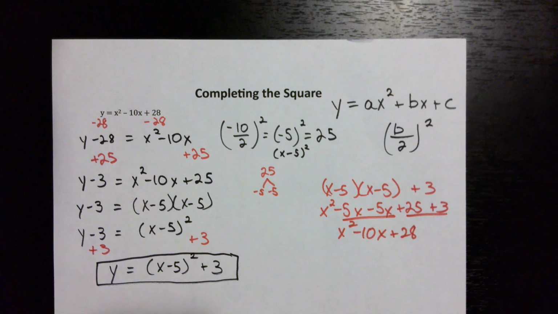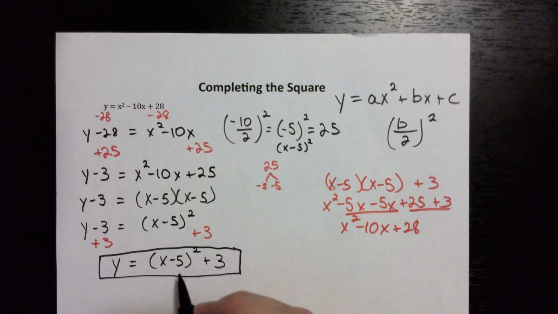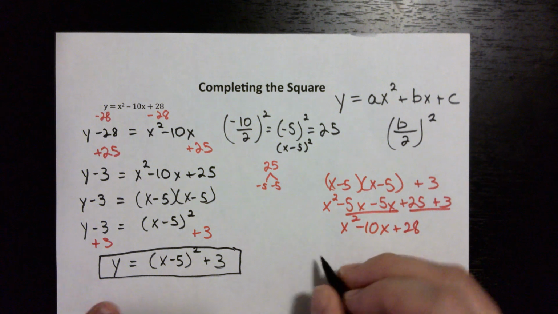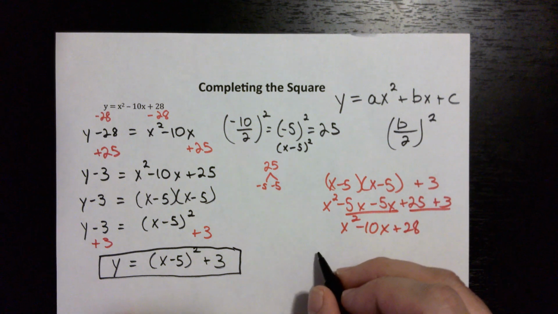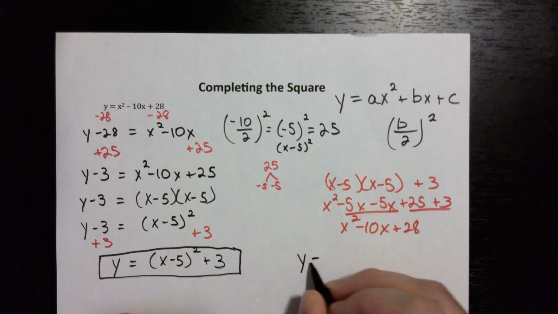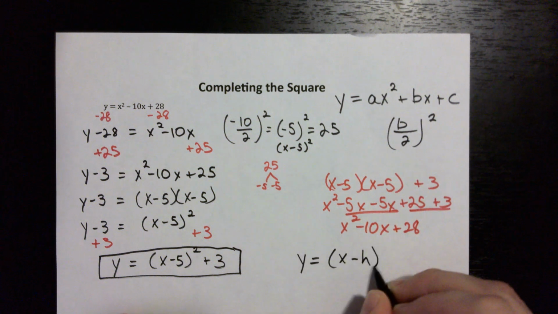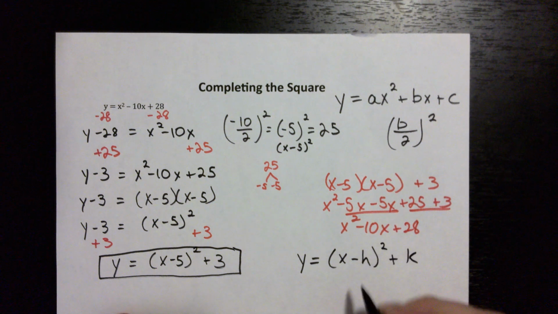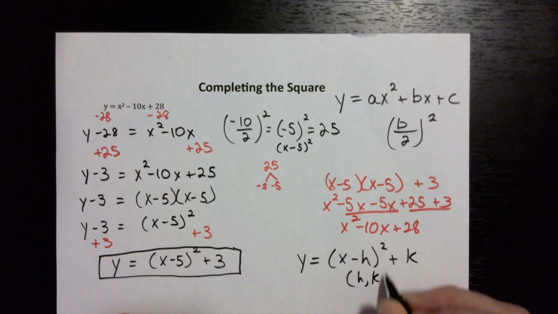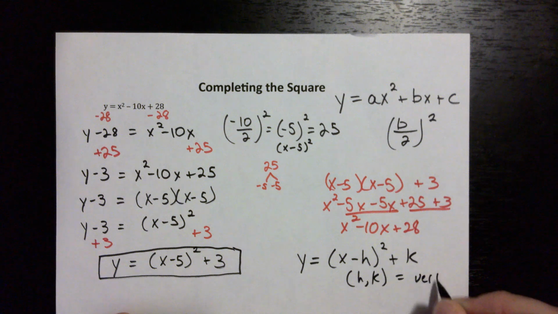Another benefit of completing the square is that this gives you your vertex. If you're looking for your vertex, then your vertex in vertex form is going to be x minus h squared plus k, where h comma k is equal to the vertex of a parabola.